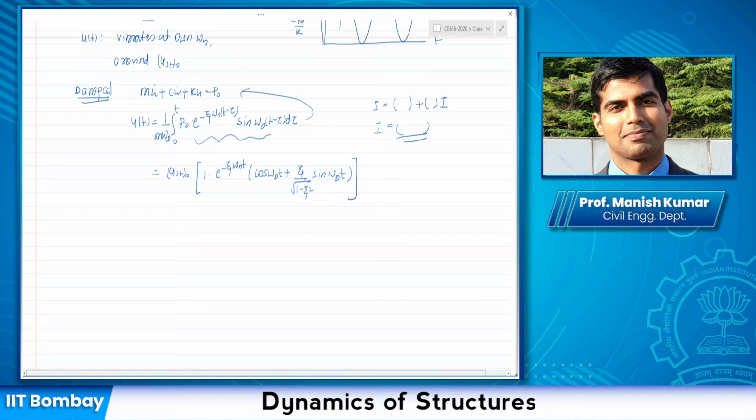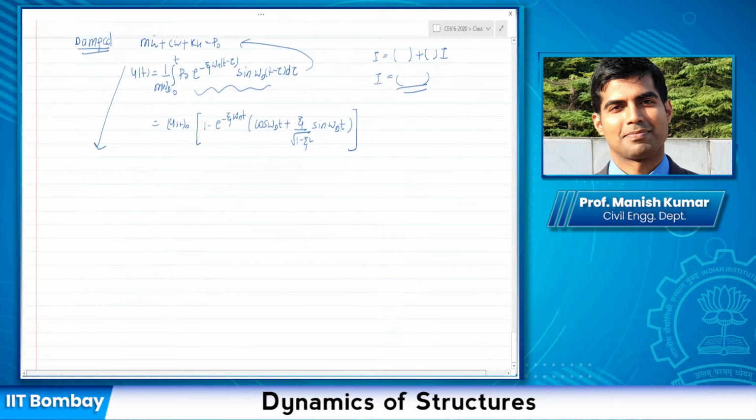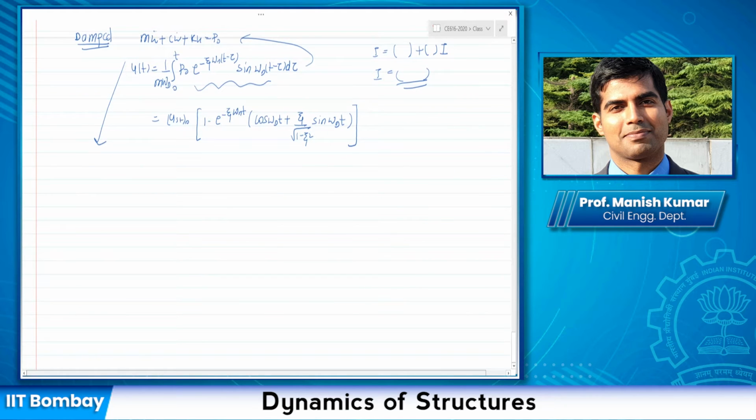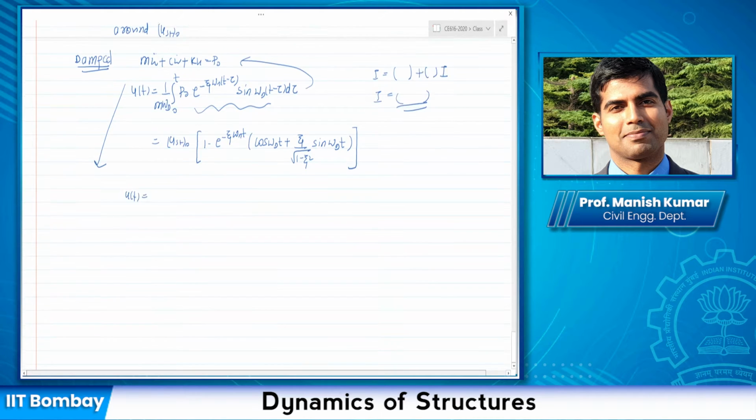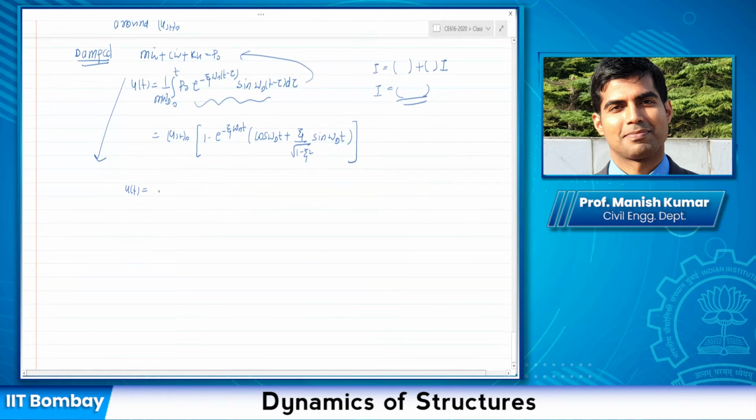If you wanted, you can utilize the conventional method of solution, which you know: u(t) you can represent for this system as particular solution plus complementary solution. Now the particular solution would be p naught by k again, and the complementary solution of a damped system is of this form, isn't it? It is a cos omega_d t plus b sine omega_d t.